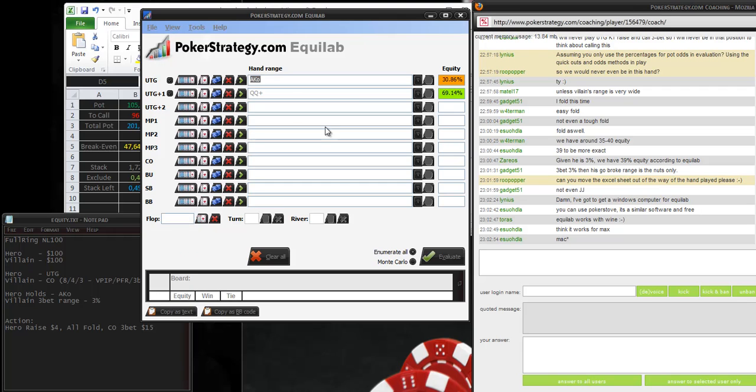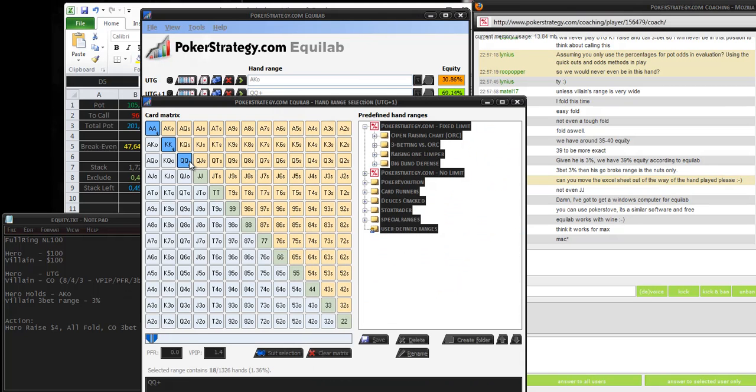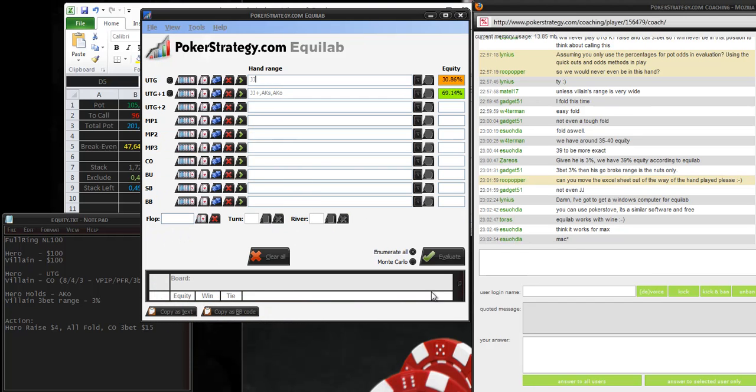Even against this kind of range, with pocket jacks we have the same equity which we need, and you see even with pocket jacks we can't go broke profitably. Even with pocket queens we are still not profitable, since we have to keep in mind that there is rake, and therefore we need even more equity.